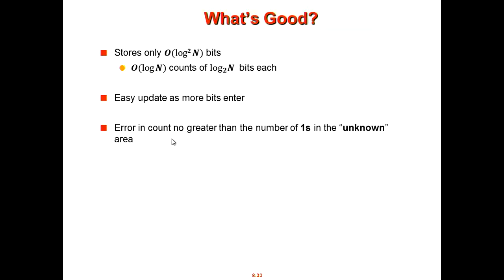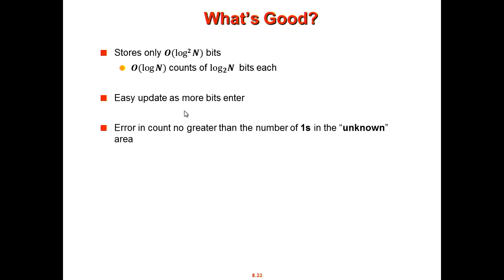And for this solution, what's good? It stores only log n square bits. So we have log n regions, actually, and for each region, we only have log n bits to store the number of ones.